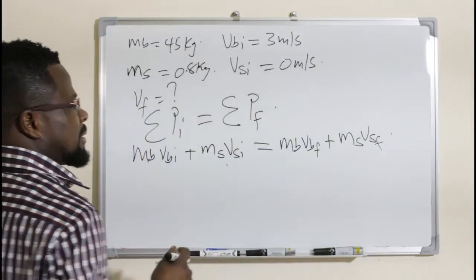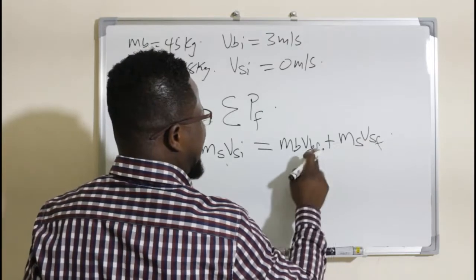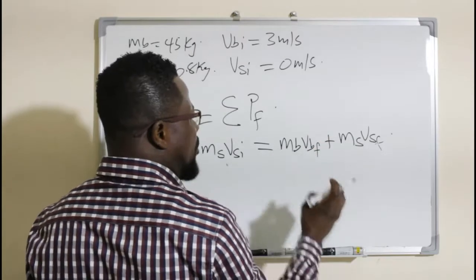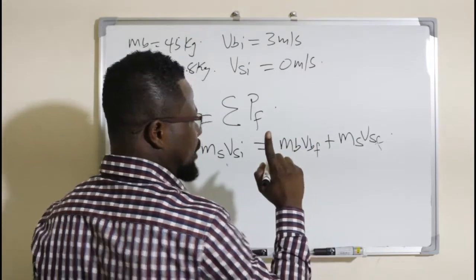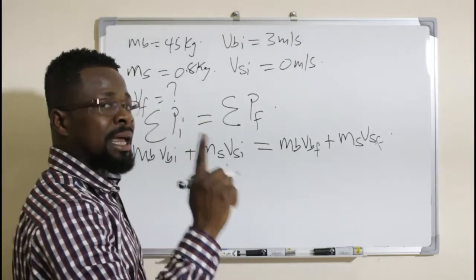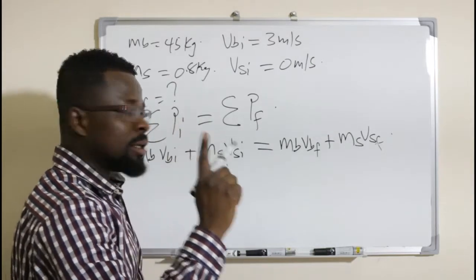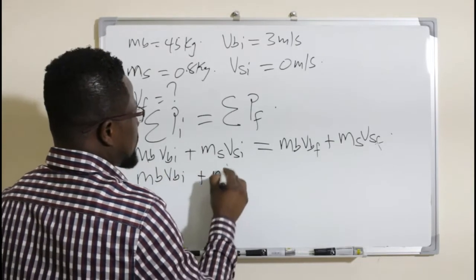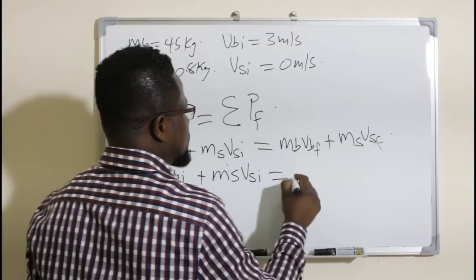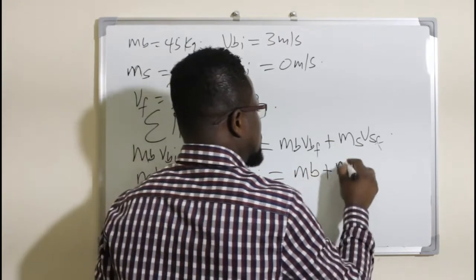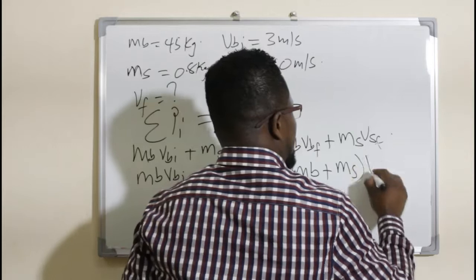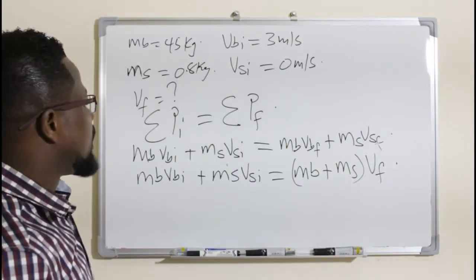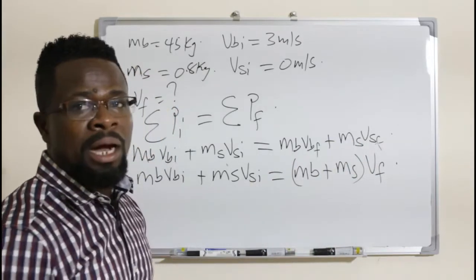And remember that these velocities are common because the two bodies now are moving together as a single unit. So if they are moving together as a single unit, they have a common velocity. So this formula will become like this, and then we will multiply by this common velocity.